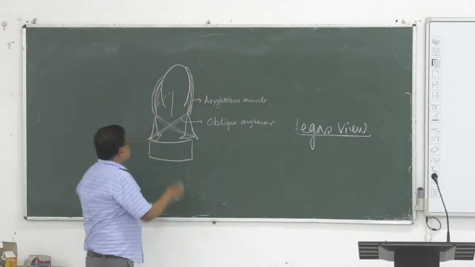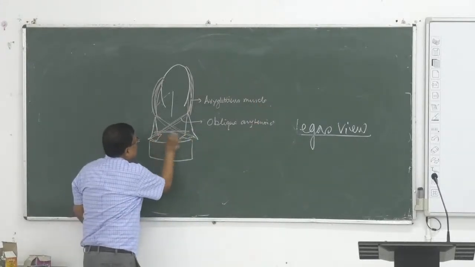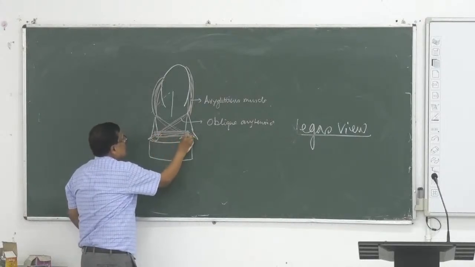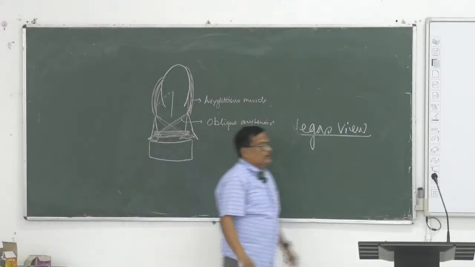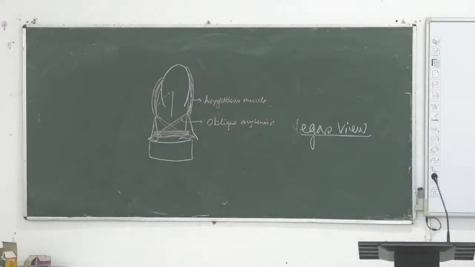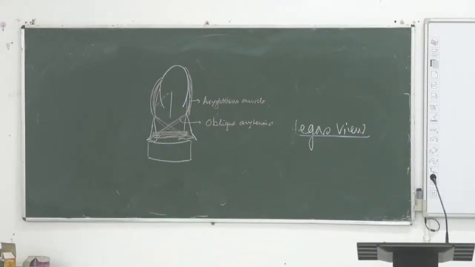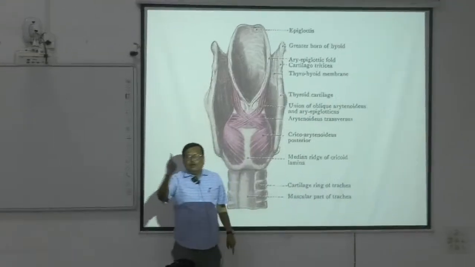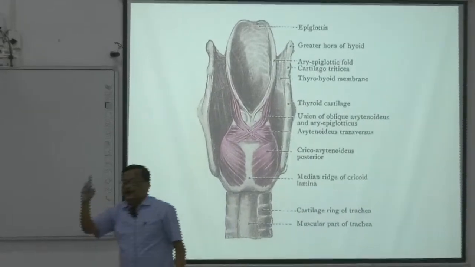Next is the transverse arytenoid, from one arytenoid transversely it goes to the other. From the base of one arytenoid to the other arytenoid, this is the transverse arytenoid. The only single muscle in the larynx.